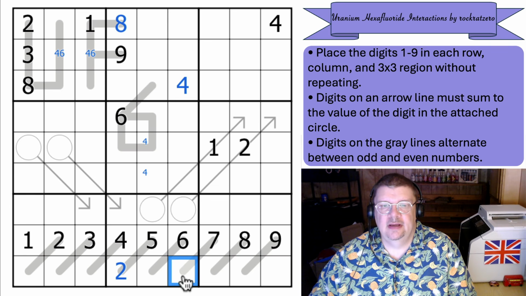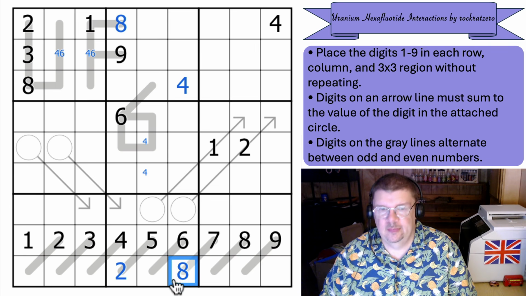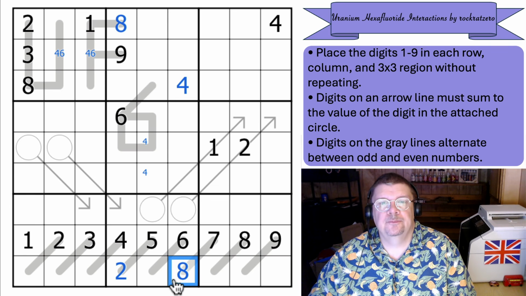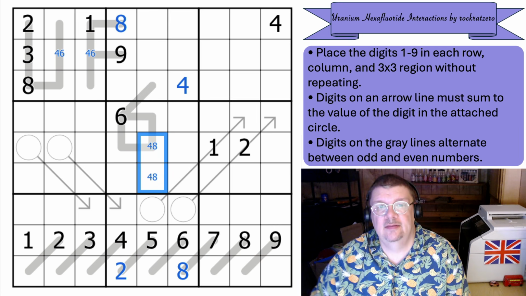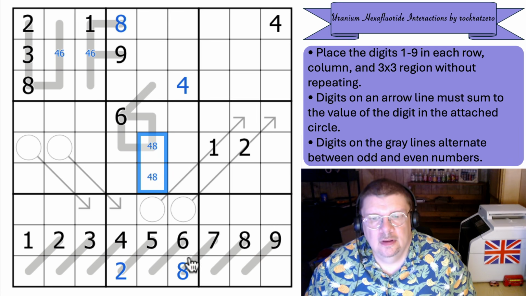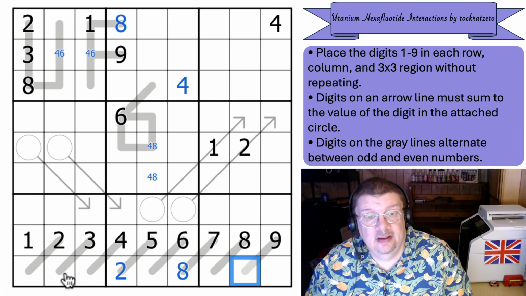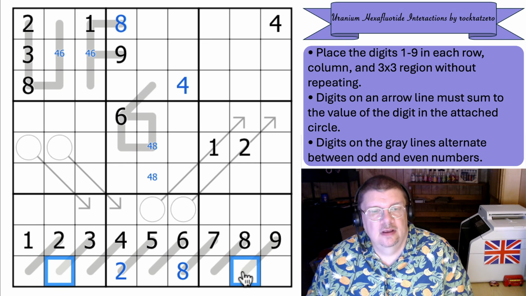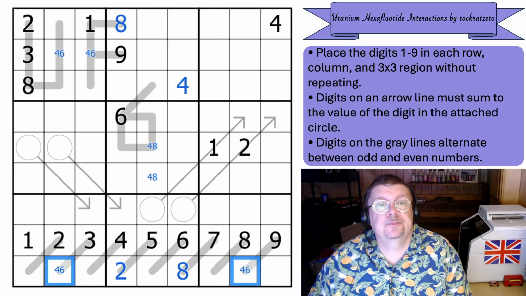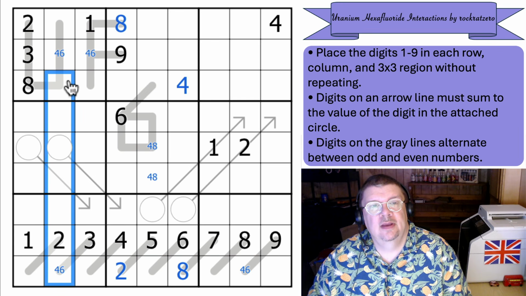And then this must be even because of this line, so that must be an 8. And now I get 8 in this column to be one of these two. So that's a 4-8 pair. All right, this must be even, and this must be even because of where they are on their respective lines. So that must be a 4-6 pair. That gives me a 4-6 pair in this column as well.